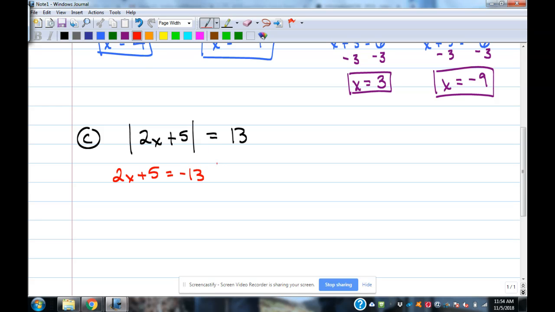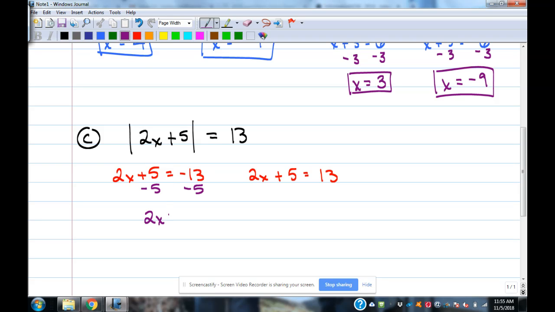One needs to be negative 13 and the other one positive. And then we solve that using the same skills that we've been using since August. We get x by itself, just doing one at a time. So if we do this one, what's the first move to get x by itself on 2x plus 5? Subtract the 5.